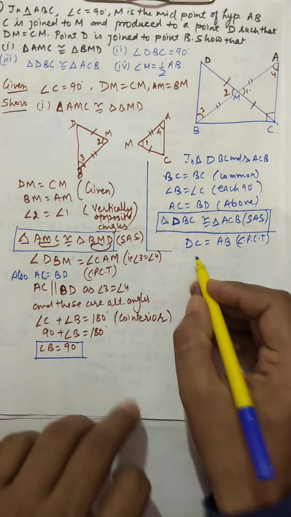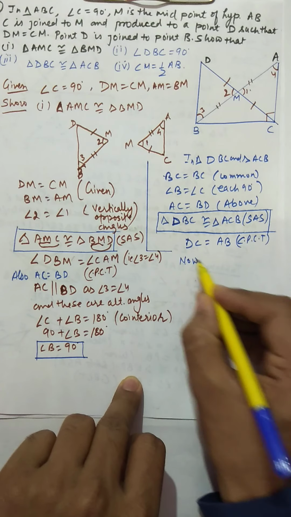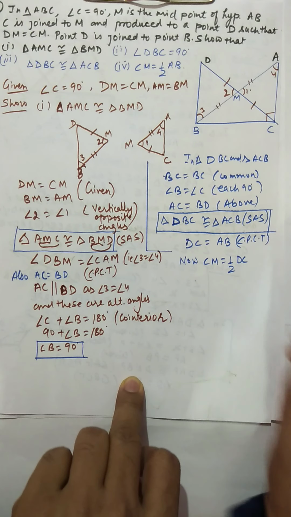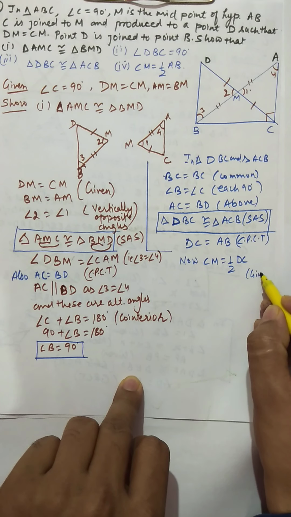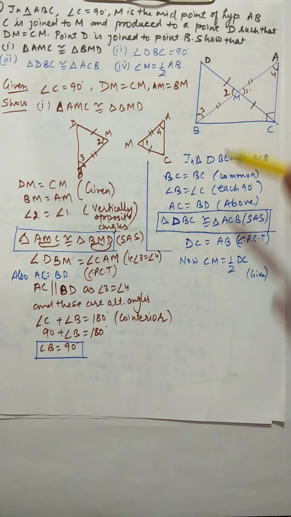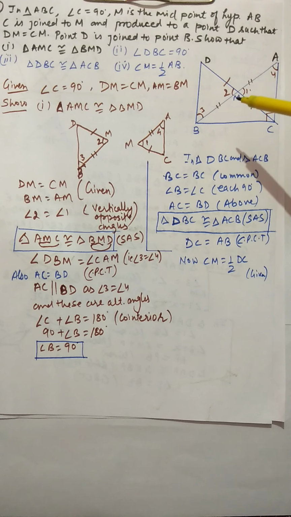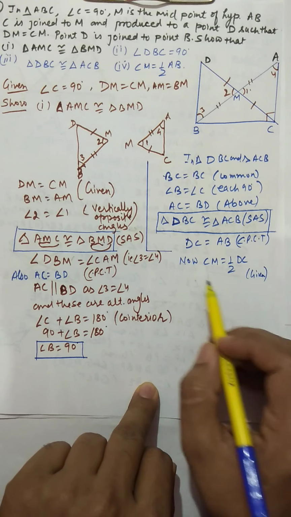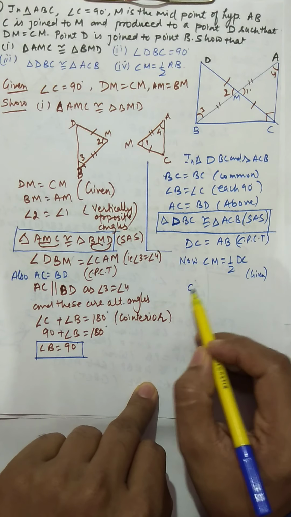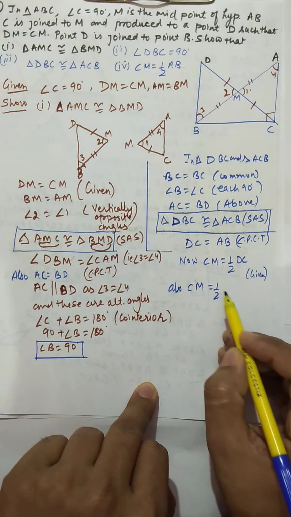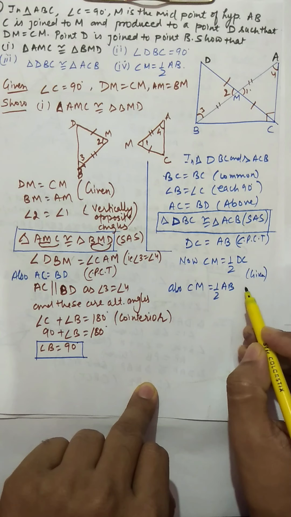You can see CM is equal to half of DC. This was given to you, that M is the midpoint of DC, so it simply means DM is equal to CM, and CM will be half of DC. And now you have just shown that DC is equal to AB, so you can write CM will be 1 by 2 AB.